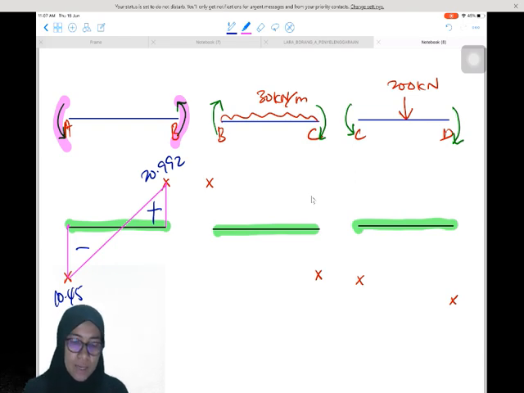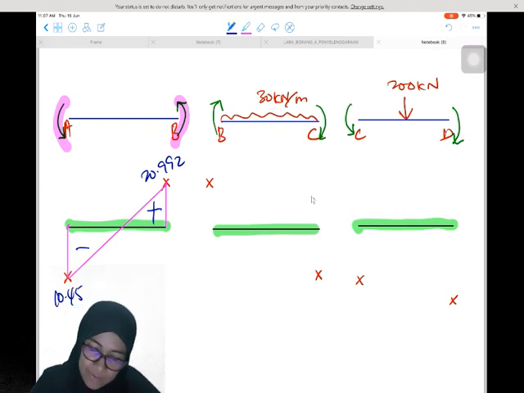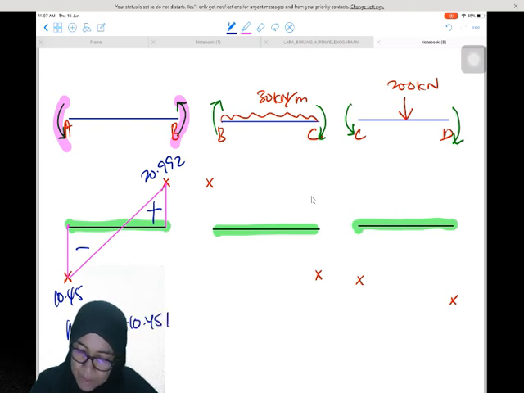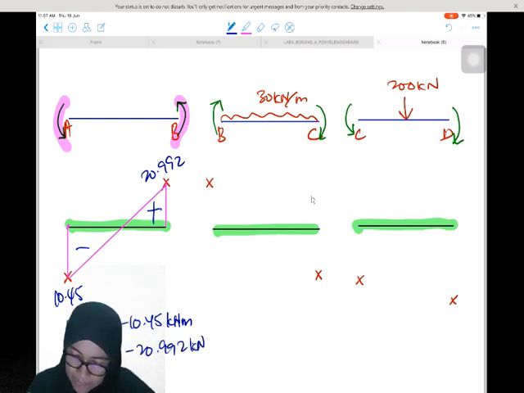Normally for two values, we have MAB and MBA. In the table, MAB is negative 10.45 kilonewton meter and MBA is equal to negative 20.992 kilonewton meter.